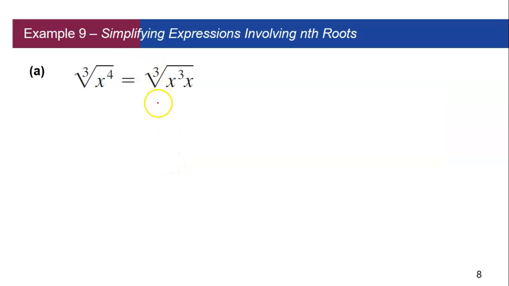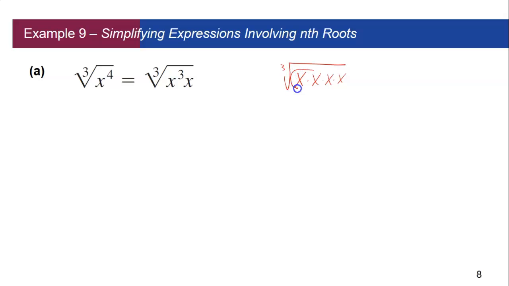Okay. All right, so here are a few examples that I want us to look at. If we're going to take the cube root of x to the fourth, I'm going to start with the very basics. I have 4 x's, and I'm taking the cube root of that. So we said the index tells me what size group I need to form. So I need a group of size 3.